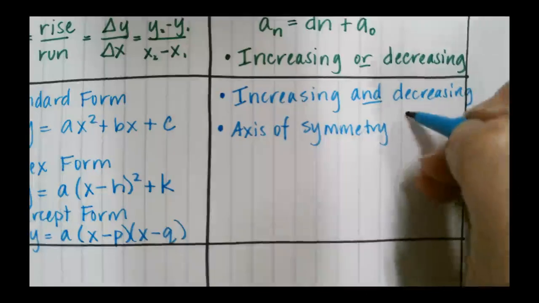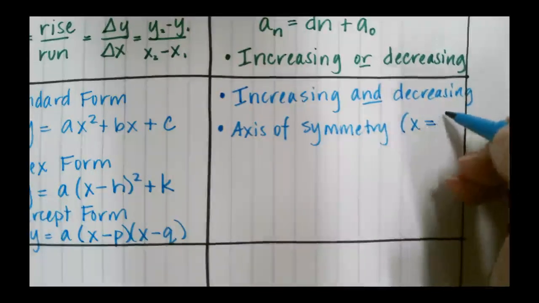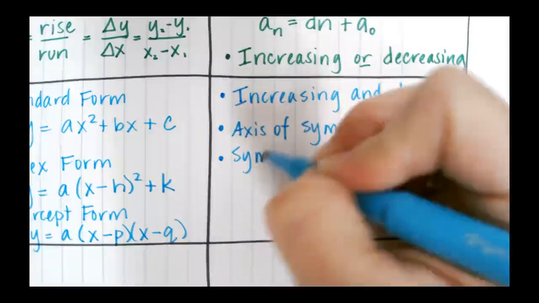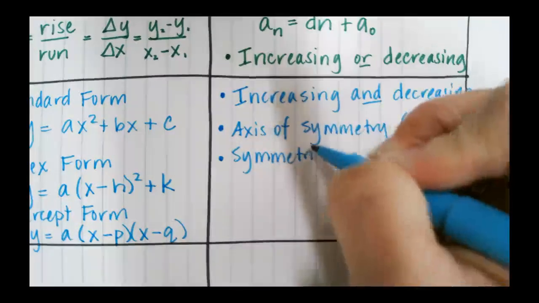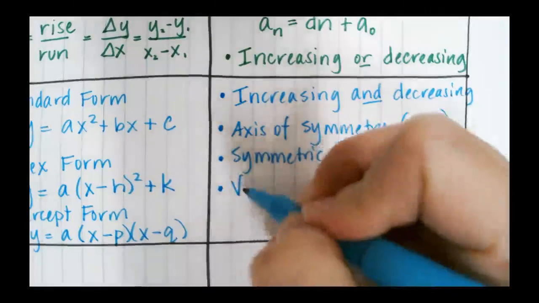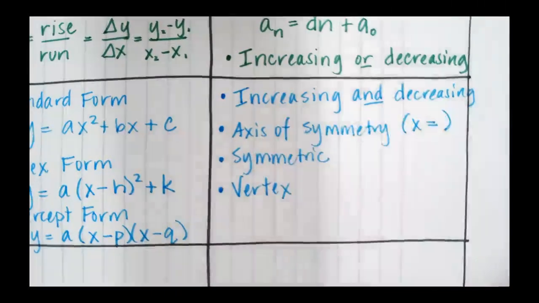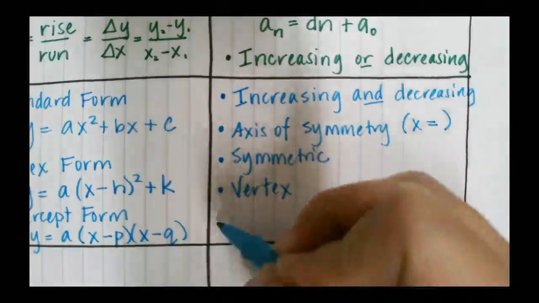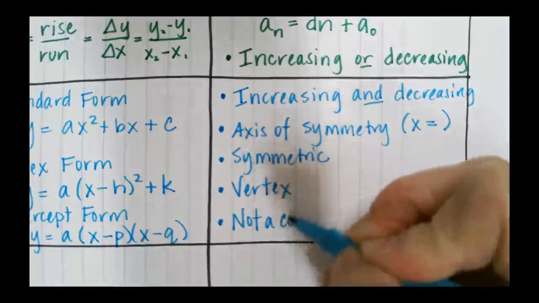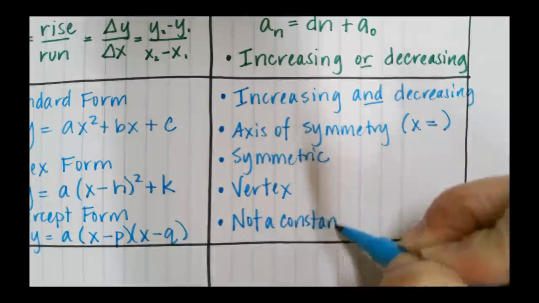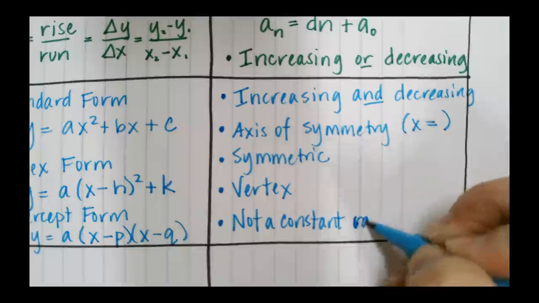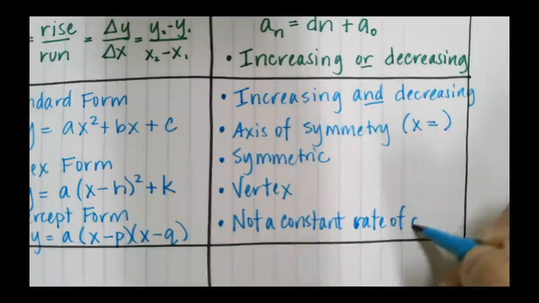Since it's vertical, keep in mind that it's x equals. It is symmetric, which is the only one that we've done so far that's symmetric. Our parabolas have a vertex, and there is not a constant rate of change. So we do an average rate of change, even though we still use the same formula.